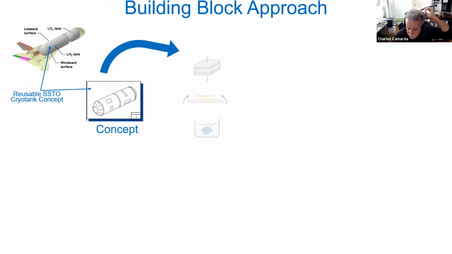Now, one of the other things you learned in the ICE methodology was we use a building block approach. And this is an example of a cryogenic tank for a reusable space vehicle, right? We look at that tank, and in order to understand, we look at all the different ways that particular concept can fail. Then we go in the laboratory and develop small tests in order to validate whether or not those failures will occur, if we understand them, and if we can analyze and design for those ideas.